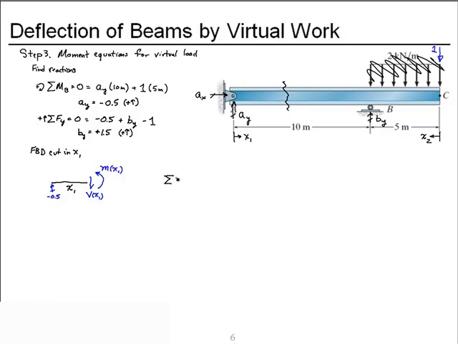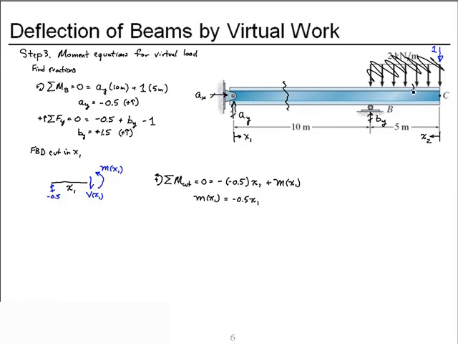I'll sum moments about the cut, and I'll take counterclockwise as positive. I get a negative magnitude for the force at A through a distance of x1, and a positive moment as a function of x1. Solve that for my moment equation and get negative 0.5 x1.